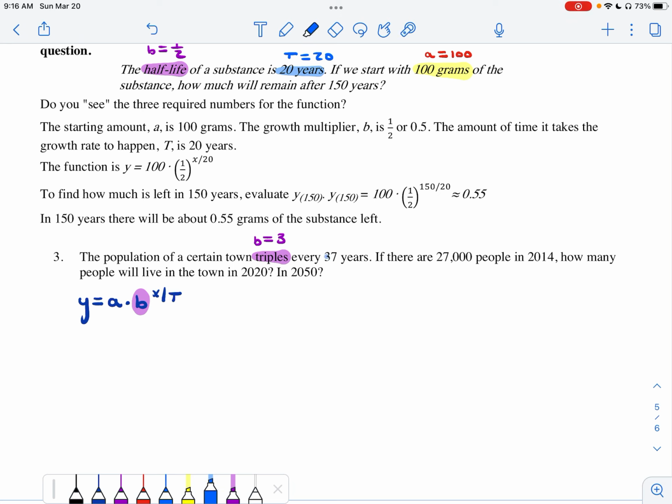That's the amount of time it takes to grow by that rate, so that would be our t. So t is 37. And it says if there are 27,000 people in 2014, so this 27,000 is going to be our starting value, which is our A.